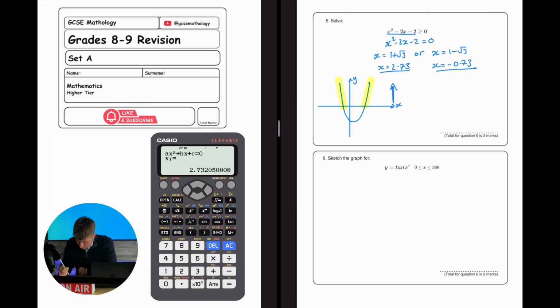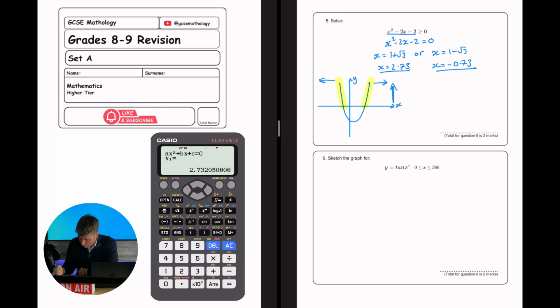So if we were to continue extending this line up the page, we'd see that we're interested in all of the solutions from that point, which is minus 0.73, all the solutions to the left of that, and this point is 2.73, which means we're interested in all of the points that side.